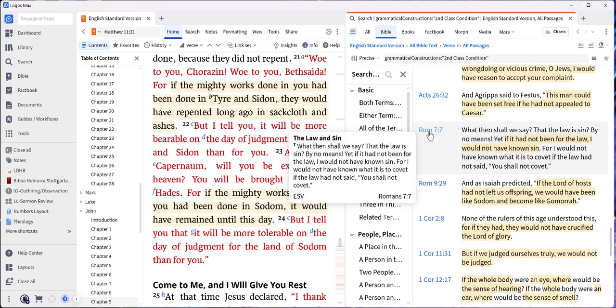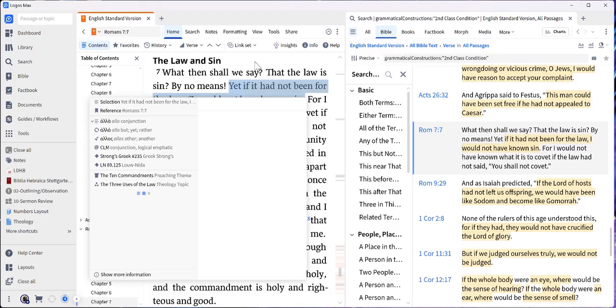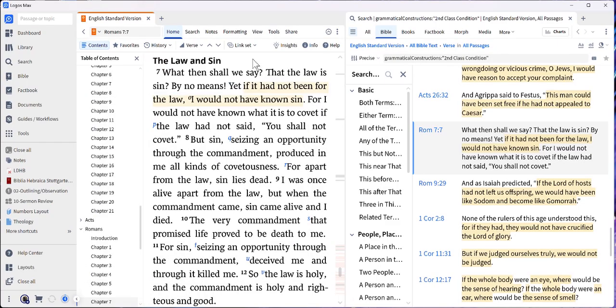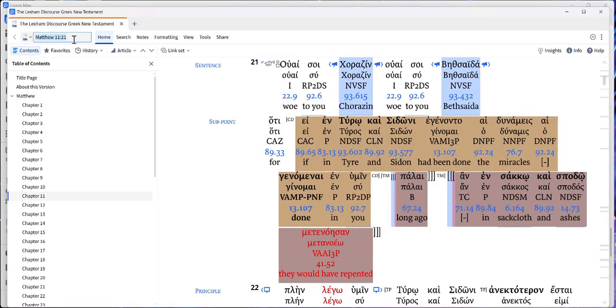Let's go to Romans 7:7. So we're going to go to Romans 7:7, and we're going to look under the hood in Greek and see what kind of second-class conditional it is.